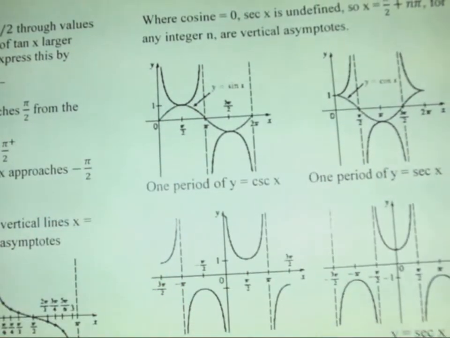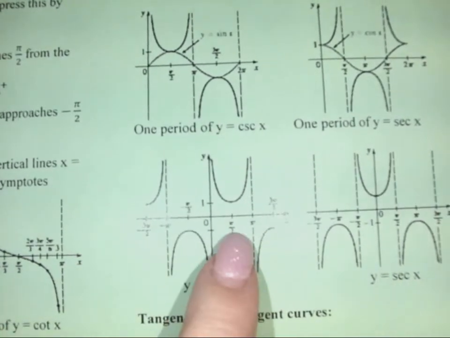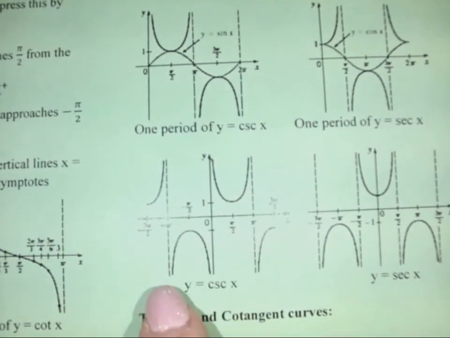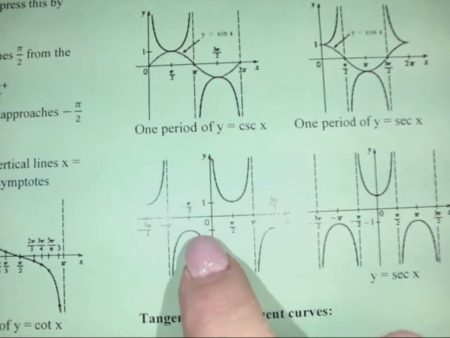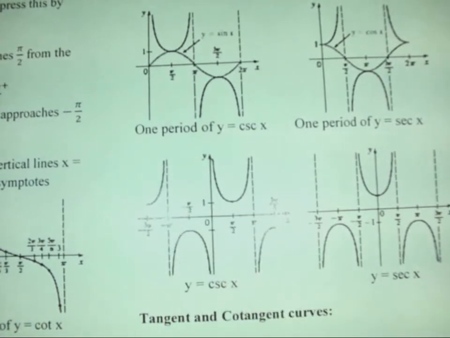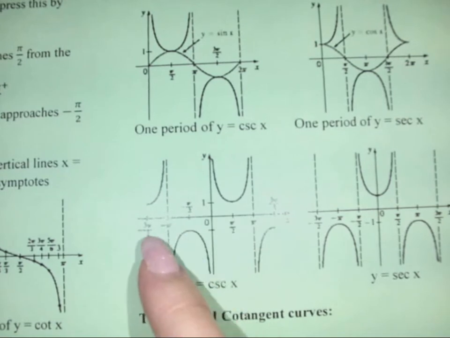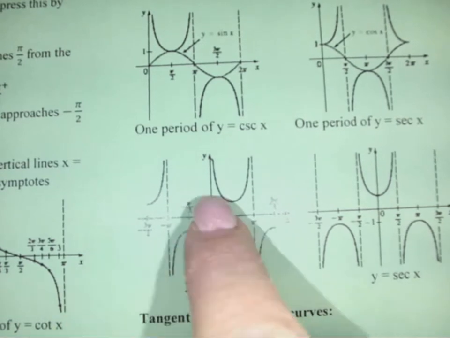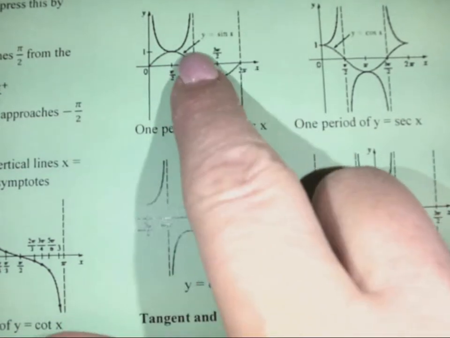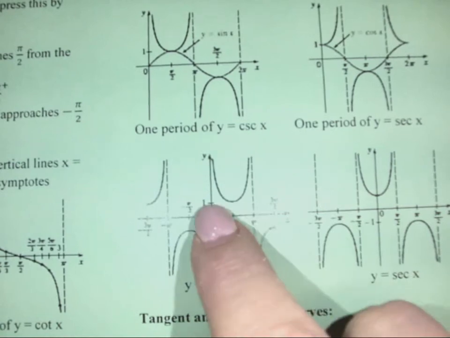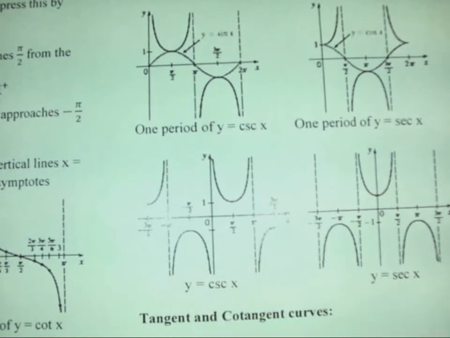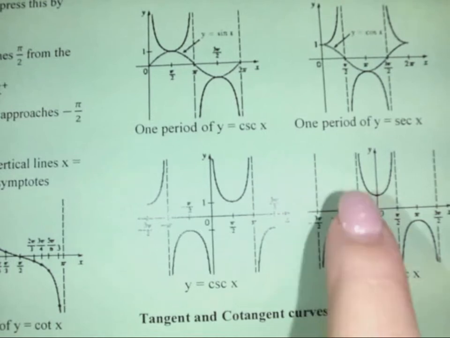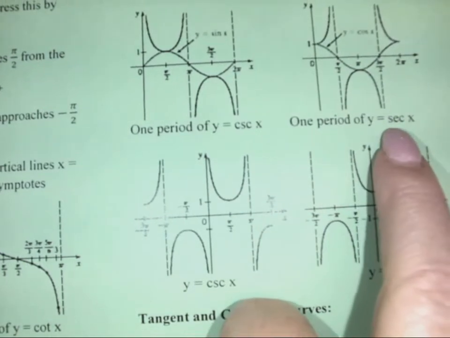So if we're looking at a regular cosecant, we're down here. This one is coming up like this. It just depends on where, here we have the graph a little bit different. This part up here, you would see that it would kind of come along like this. And then here we have our secant, which is the reciprocal of cosine.